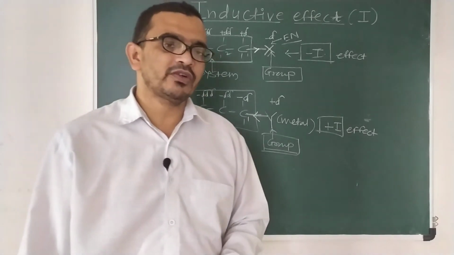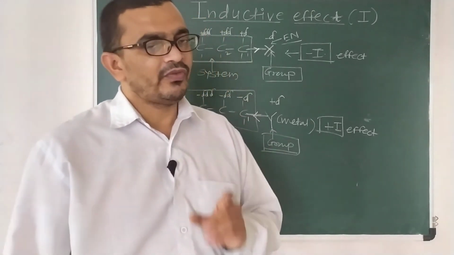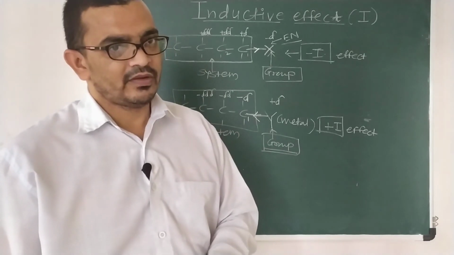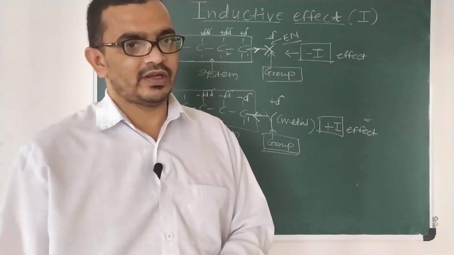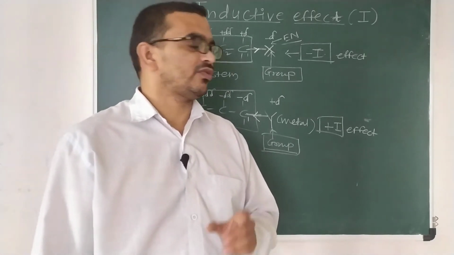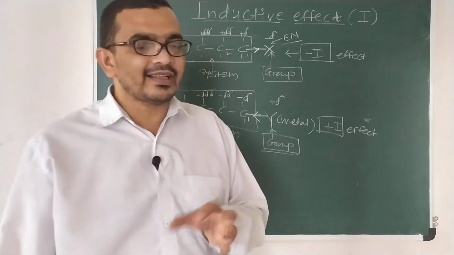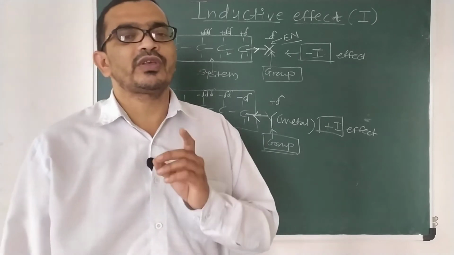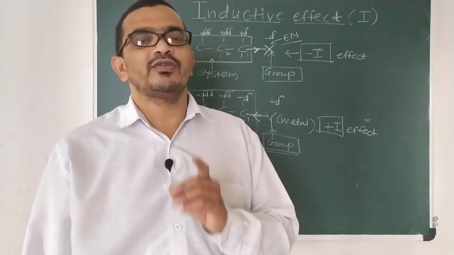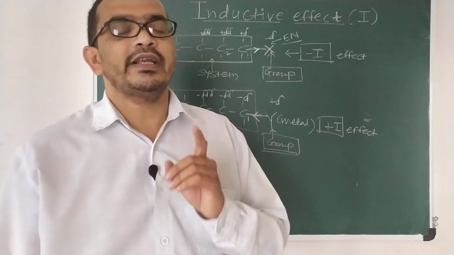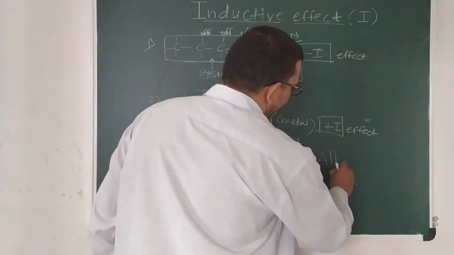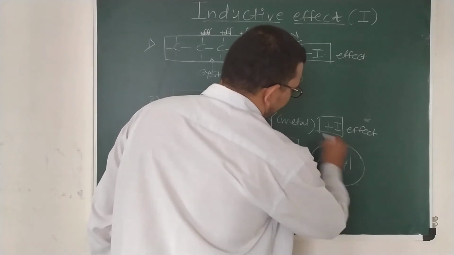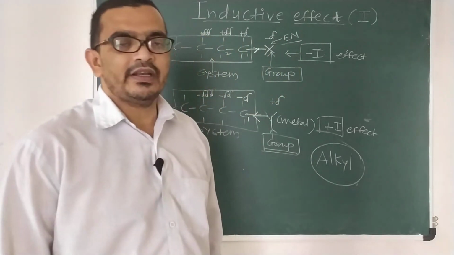And a very simple clue I am going to give you: whenever in your system an alkyl group is attached, or we can say the group is alkyl, at that time keep in your mind, generally the alkyl groups show the plus I inductive effect. Alkyl groups, keep in your mind. So if the alkyl groups are there, then they show the plus I inductive effect.